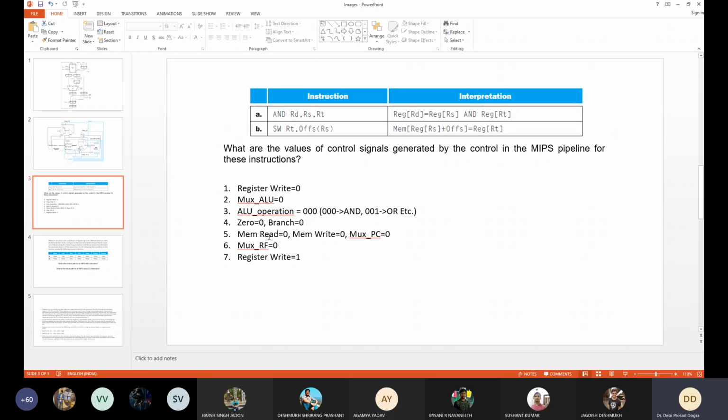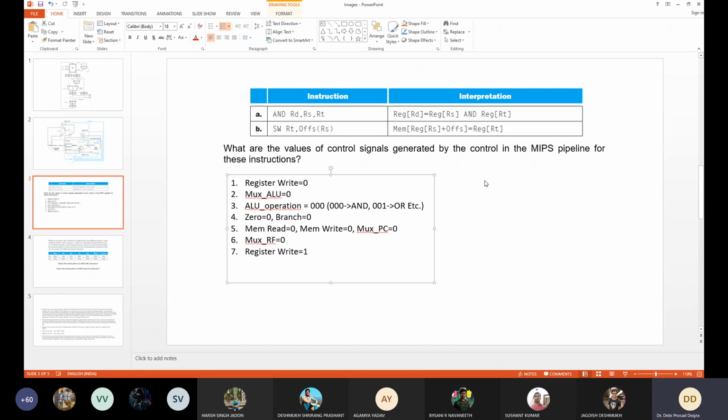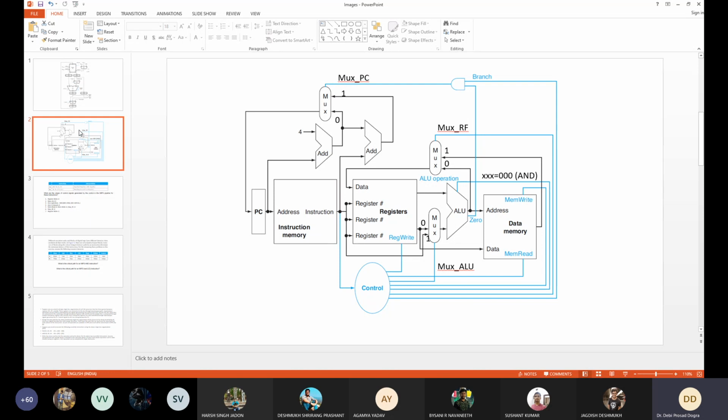Just write the signals here itself in this order. I'm giving a couple more minutes to all. Just use this signal convention.